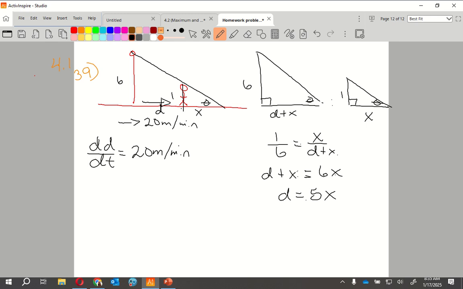All right, so I set up a true statement here of my proportions. Now, I can take the derivative of both sides. Because in this case, I'm going to be looking for the dx dt. I'm going to be looking for that because that's going to be the distance of the shadow right here, the distance of the shadow changing. So my derivative dd dt is equal to 5 times the derivative of x, dx dt.